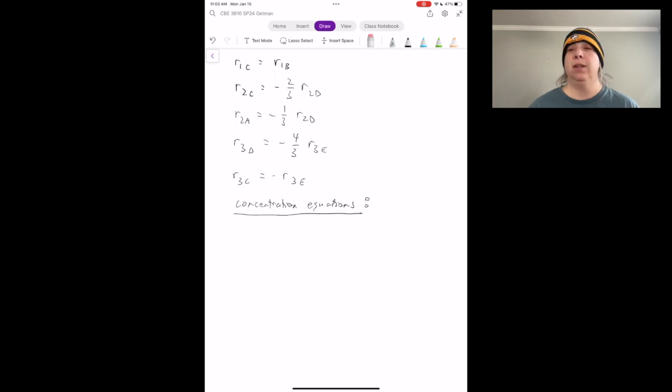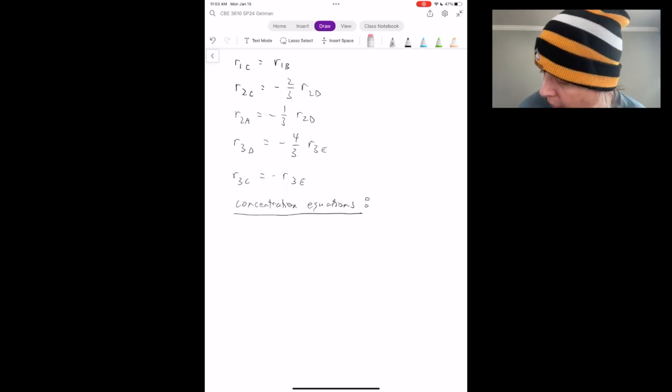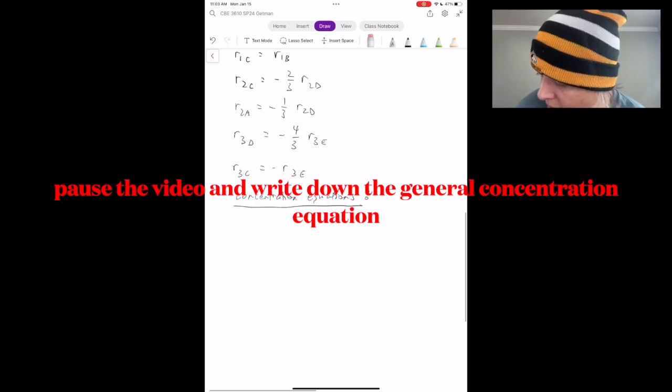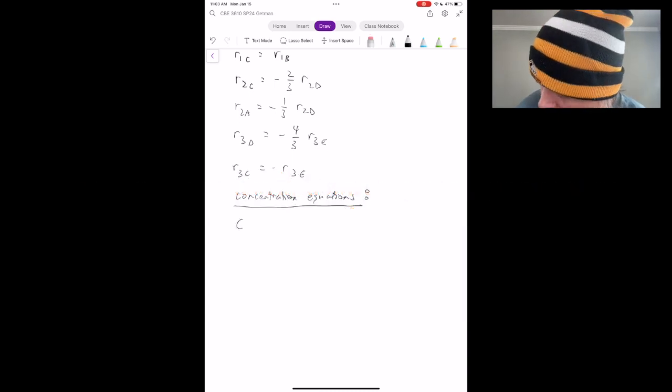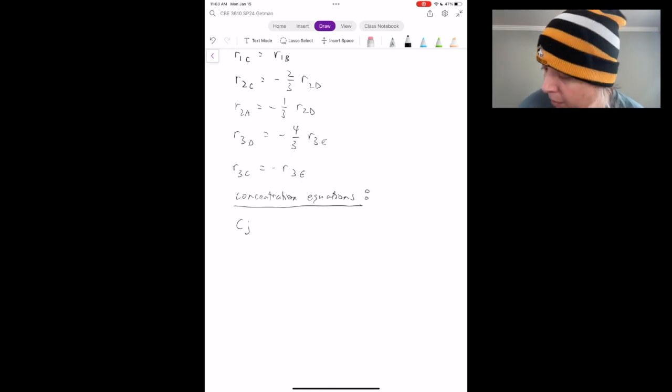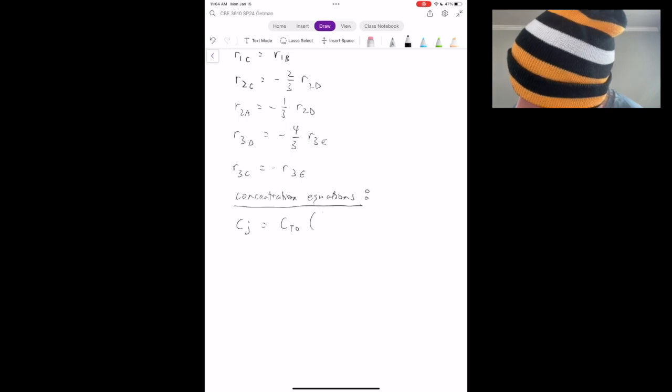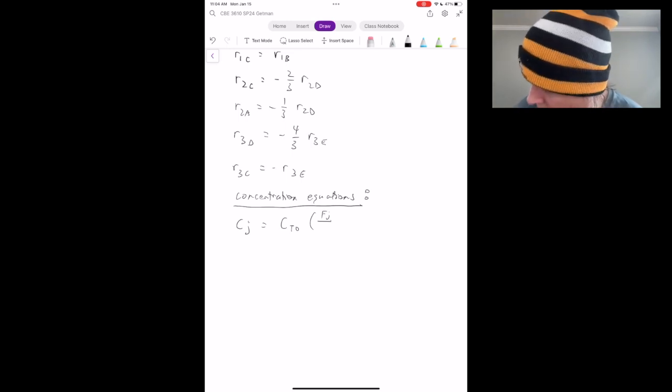So we need to use the more general equation written in terms of molar flow rates. So that equation is C, the concentration of any species J, is going to be equal to the total concentration initially, CT0, times the flow rate of that species divided by the total molar flow rate.